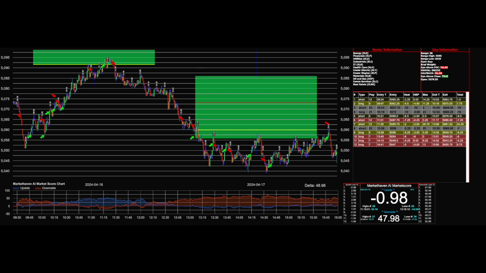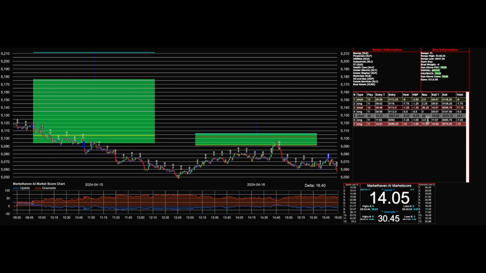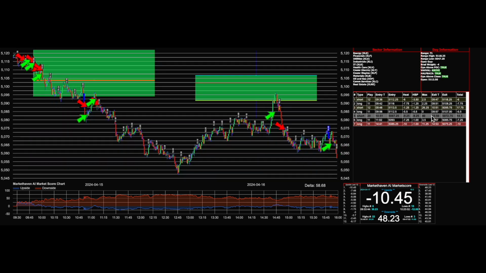So again, we'll go to the 17th. This trade only has one focus trade, and it's a short, and it's a 40-point trade. You probably wouldn't get that entire amount, but you could get in and out multiple times. It's not out of the question you would get in and out of that trade multiple times.